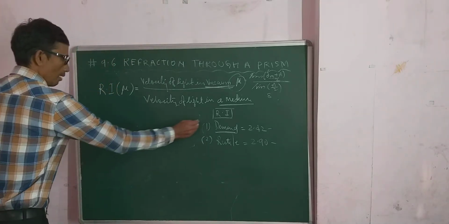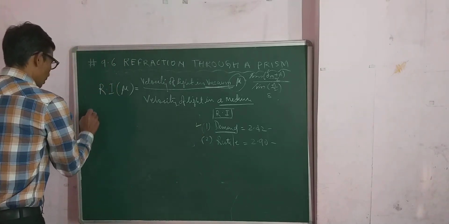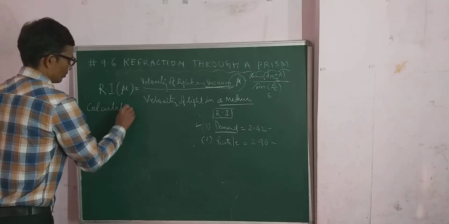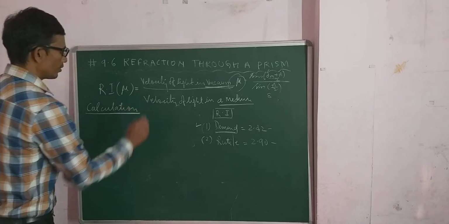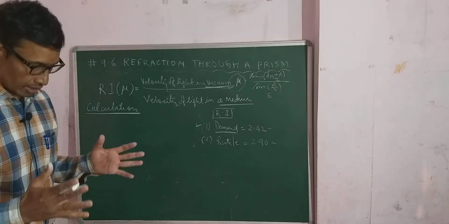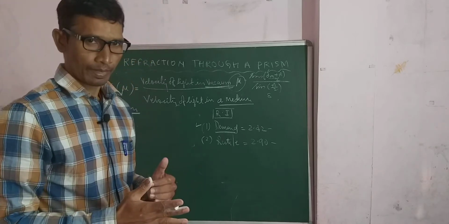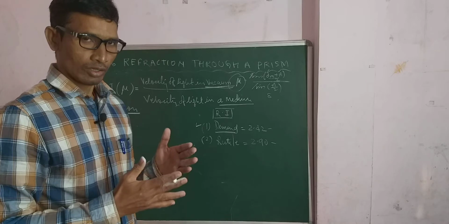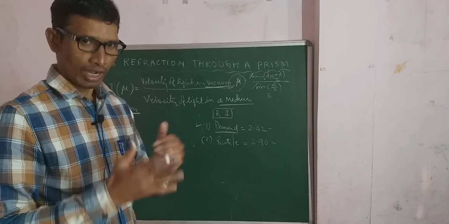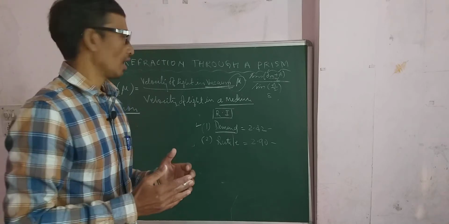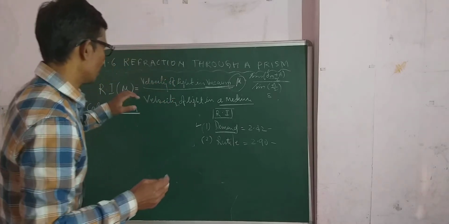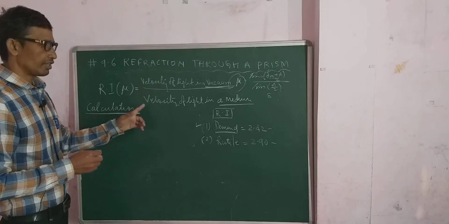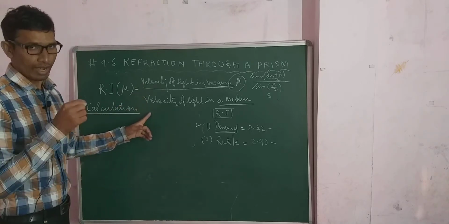Suppose the diamond, the calculation of the velocity of light through the medium. When the velocity of light through the medium is lesser than the velocity of light in the vacuum, then we can say refraction takes place, and the main reason is here.